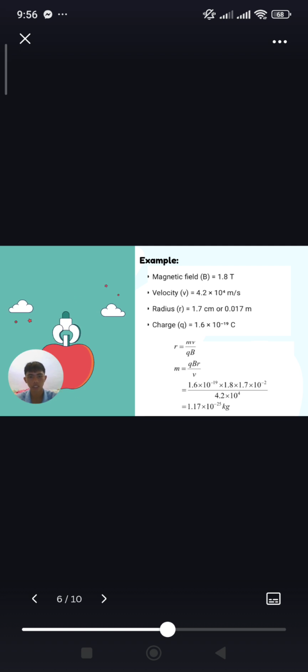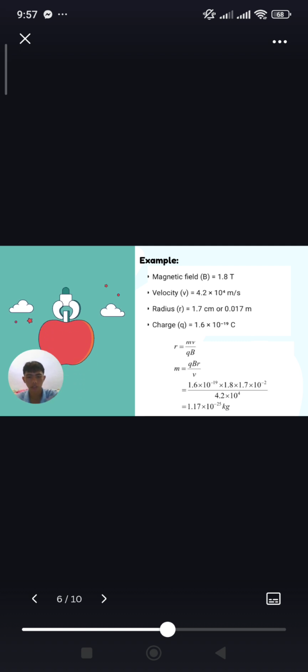The velocity is 4.2 times 10 to the power of 4 meter per second. The radius is 0.017 meter. And the charge is equal to 1.6 times 10 to the power of negative 19 C. We are asked to find the mass of the zinc ion.